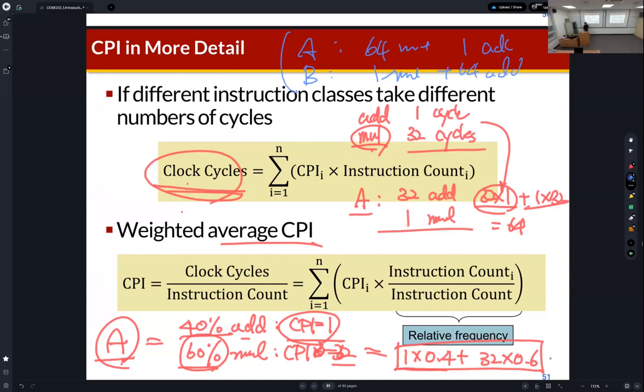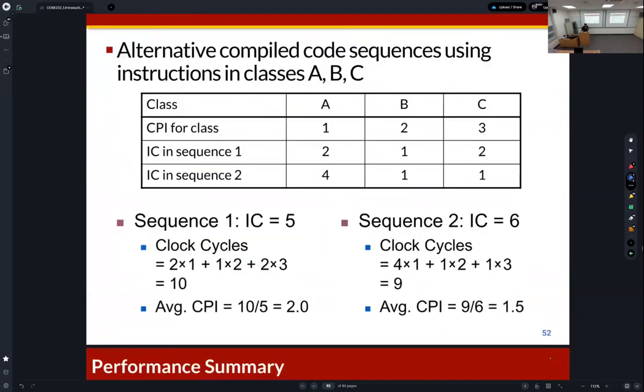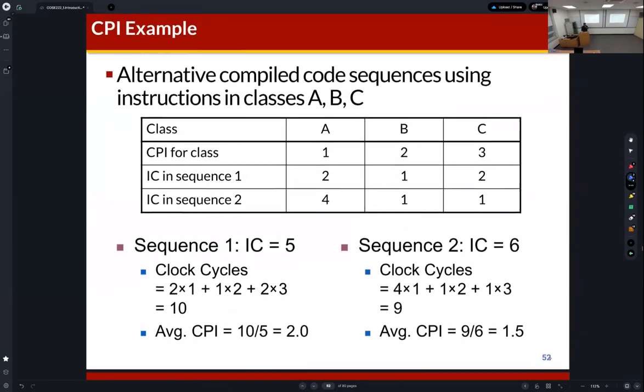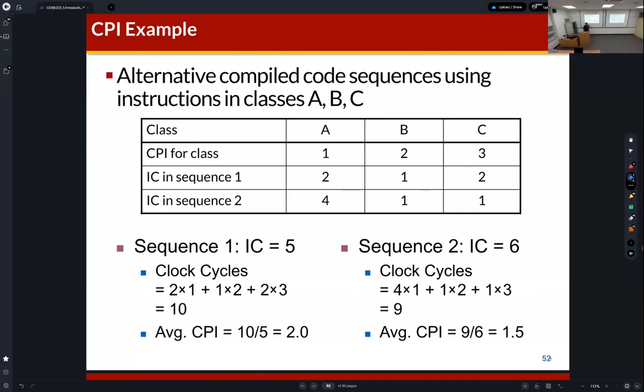Then the CPI is different, right? Because of the different proportions of multiply and add instructions. This is an example.